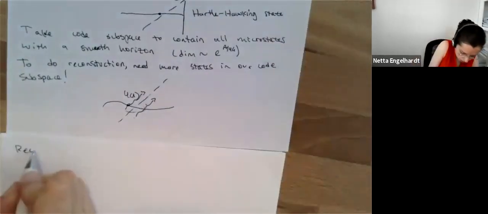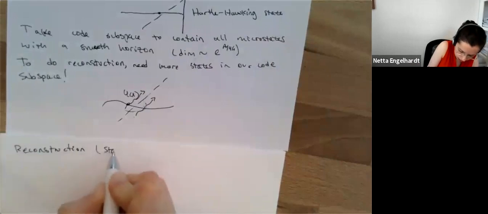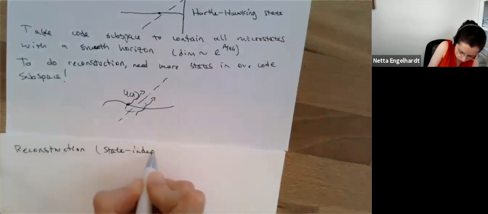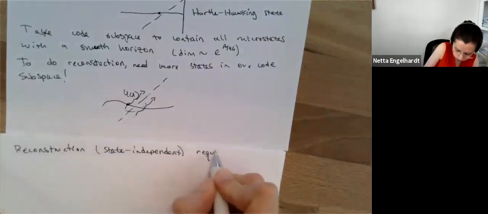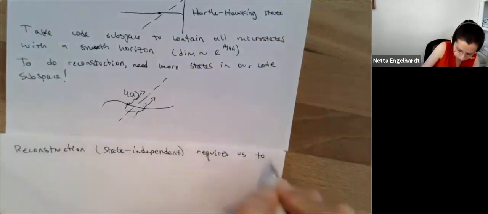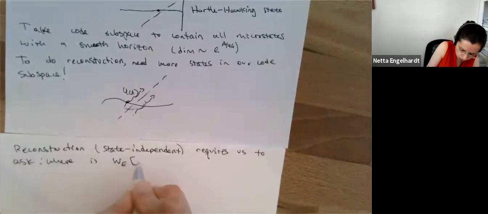State independent reconstruction requires us to ask, where is the entanglement wedge of the entire boundary in the maximally mixed state?